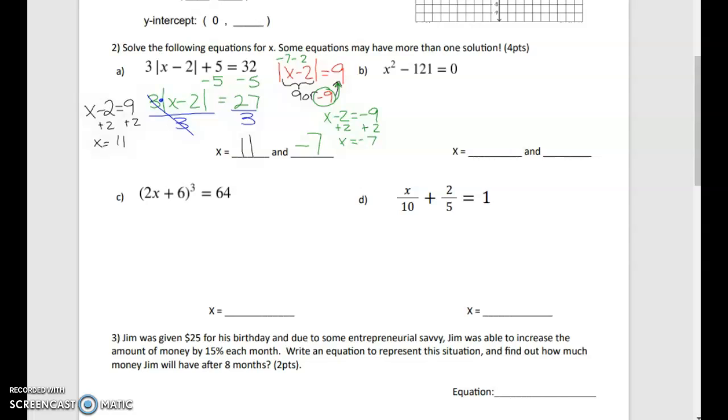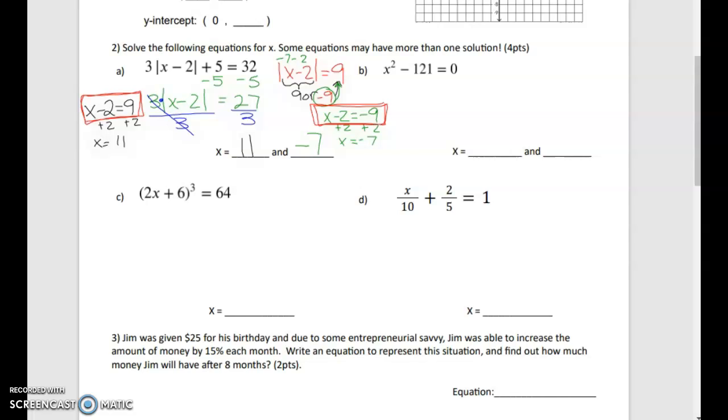It's not 11 and negative 11. The absolute value doesn't change the negative 2 to a plus 2. Nope. What the absolute value does is I have to solve 2 equations there: x minus 2 equals 9, and x minus 2 equals negative 9. So there's my corrections for the one on the front to A.